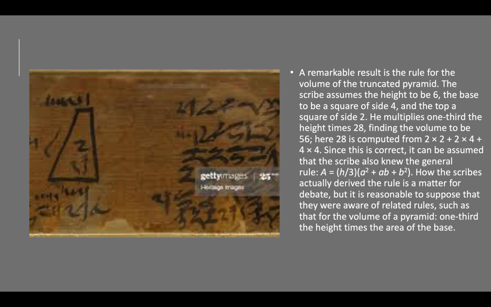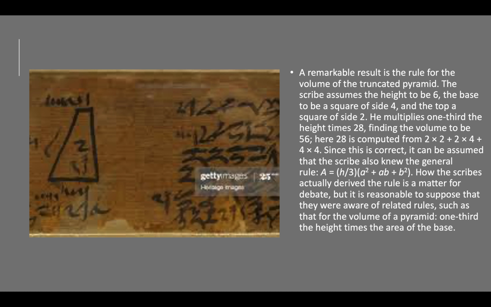A remarkable result is the rule for the volume of a truncated pyramid. The scribe assumes the height to be 6, the base to be a square of side 4, and the top a square of side 2. He multiplies one third the height times 28, finding the volume to be 56.